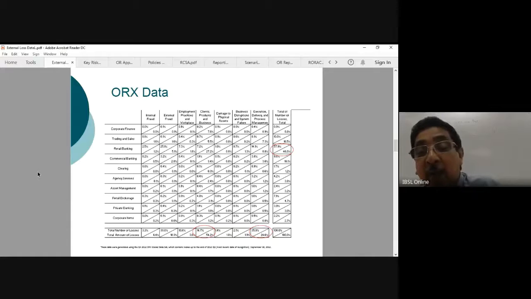And as amount of loss, it is 46%. Retail banking. So that means this particular consortium really refers to more retail banking type of data. That is why you get this type of reading.